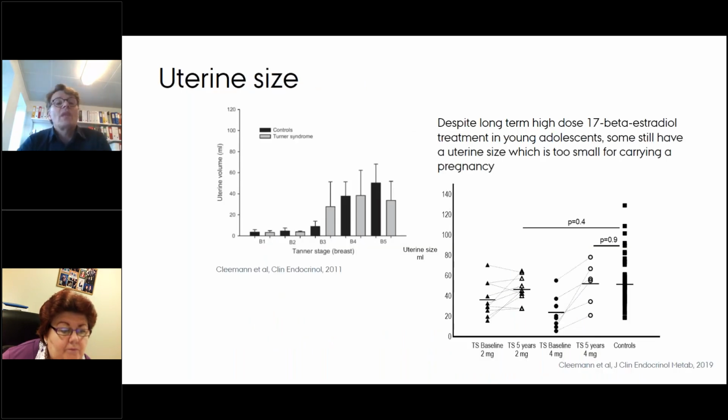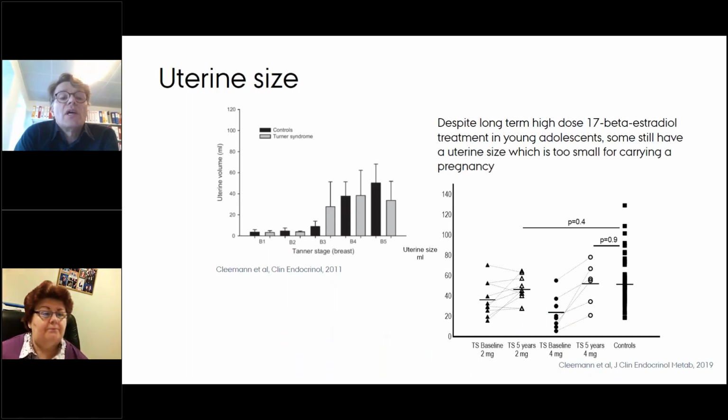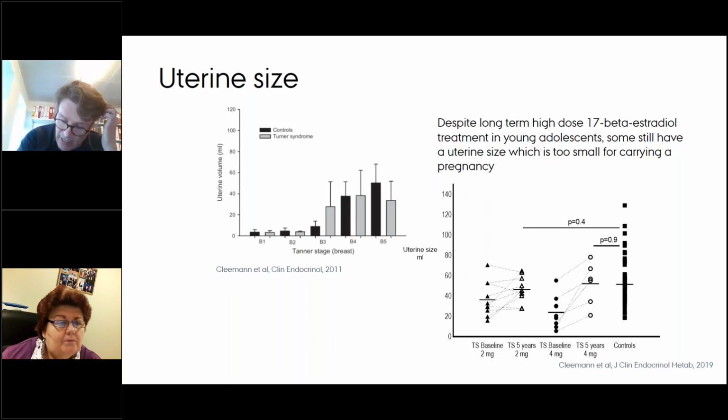Turning to look at the uterus, this has become much more important during recent years because so many women now opt for oocyte donation. And this one study from 2011 shows that the uterus in many young adult females with Turner syndrome is smaller and not large enough to carry a pregnancy.